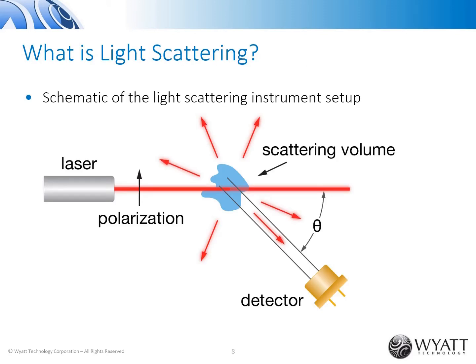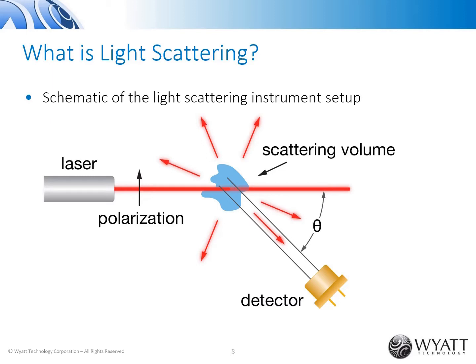How do we obtain molar mass and radius using multi-angle light scattering? The schematic shows the principle of the instrument setup. A laser beam passes through a cuvette with our solution. The interaction of the light with the electrons of the sample creates scattered light, which is measured by the detectors. They are placed in a ring around the scattering center, and in our instruments we have 3, 8, or 18 detectors.